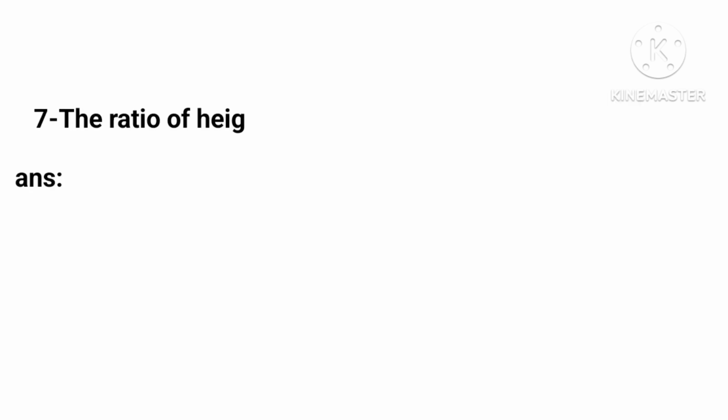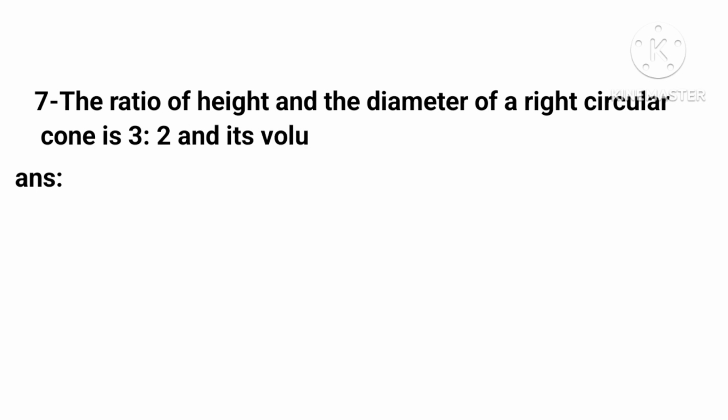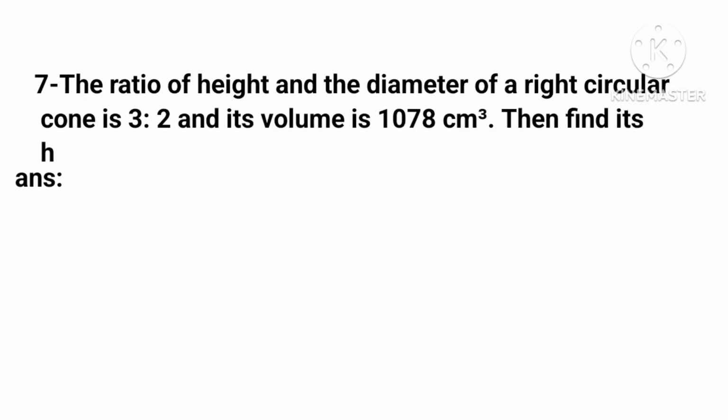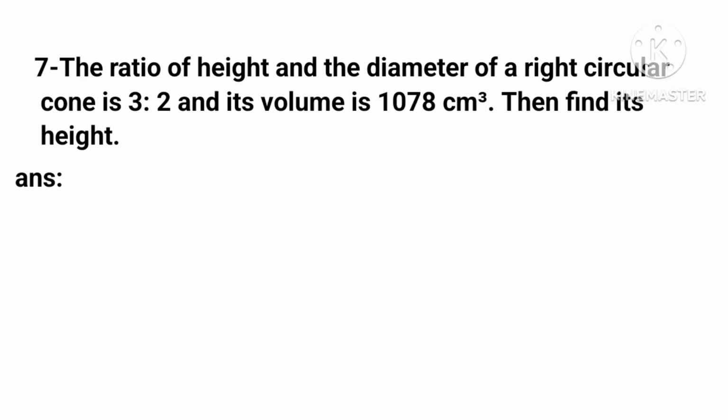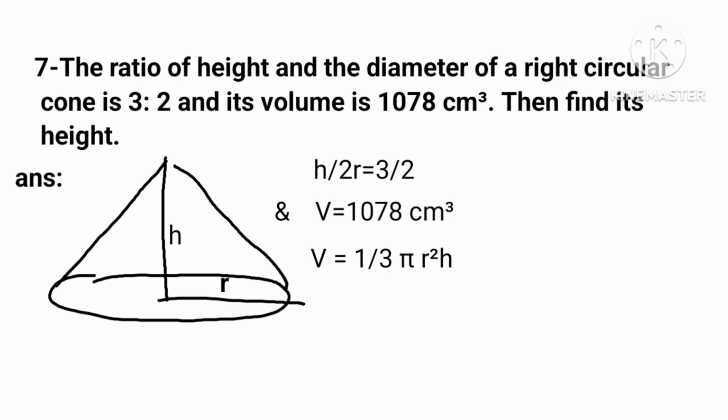The ratio of height and the diameter of a right circular cone is 3:2 and its volume is 1078 cubic centimeters. Then find its height. Given h/2r = 3/2, and V = 1078 centimeters cube. As we know, V = 1/3 πr²h. Here, h/2r = 3/2.